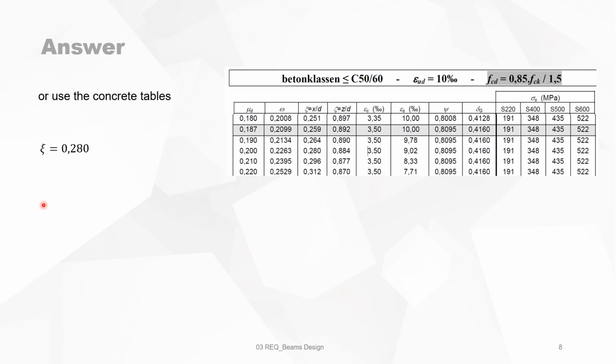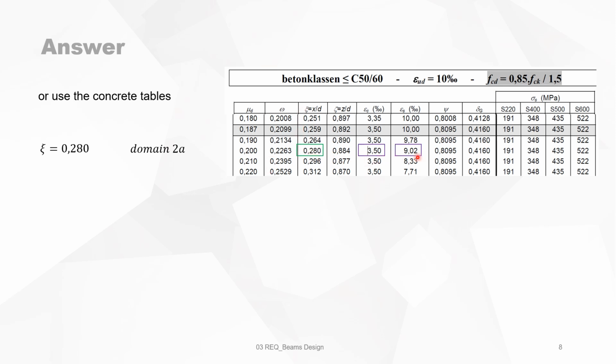Now, what is given is the design value of the position of the neutral axis, which is 0.28, and so we know it's domain 2A. We see in this table this is Xi, which is 0.28.